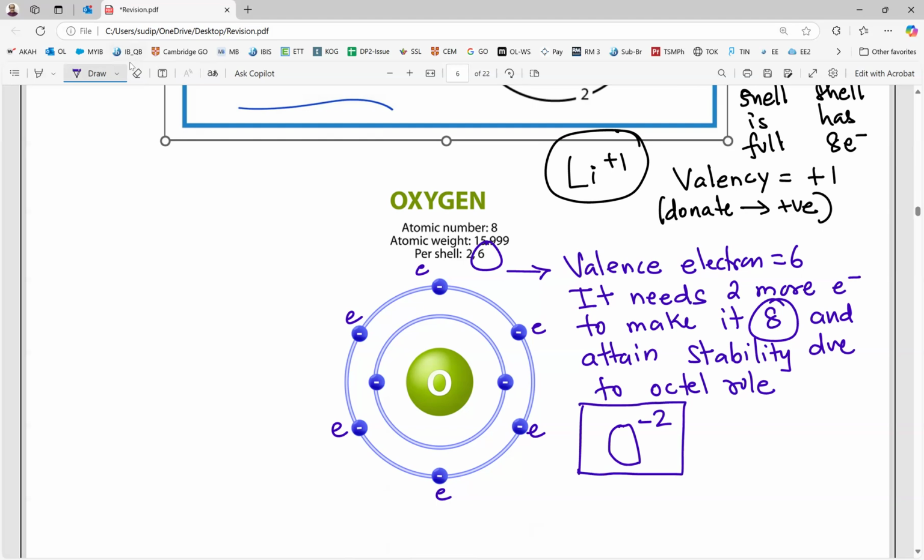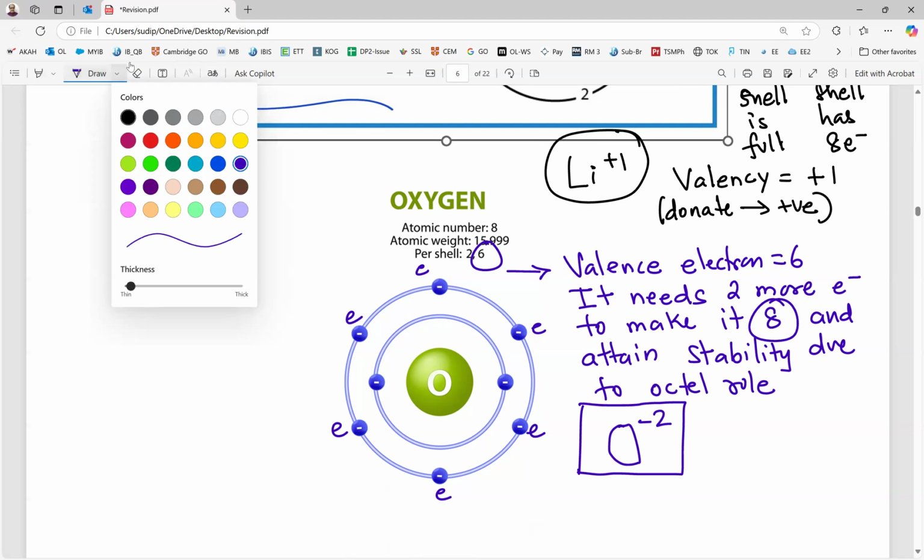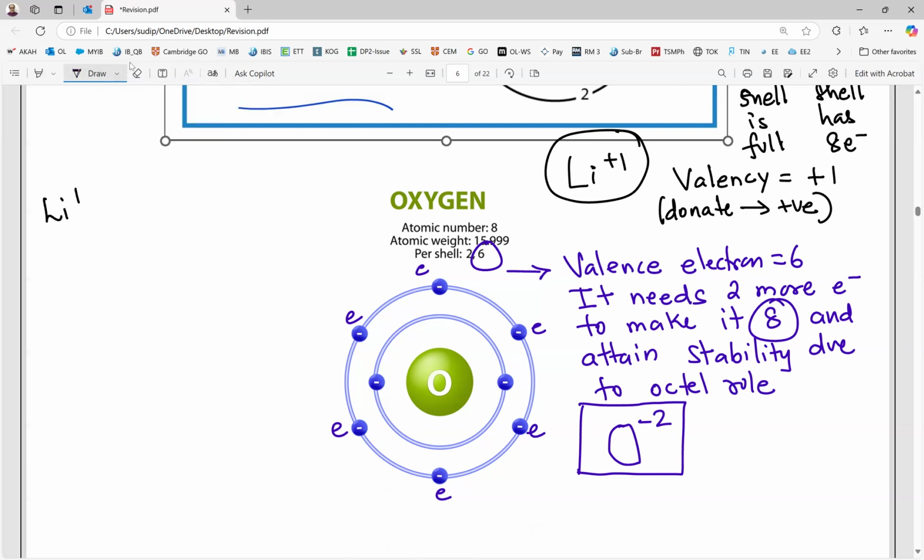So technically, if I write lithium, which is +1, and I write oxygen, which is -2, what is our understanding? Understanding is that lithium will donate and oxygen will accept electrons. You see?